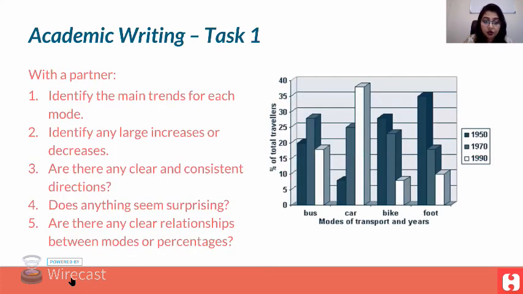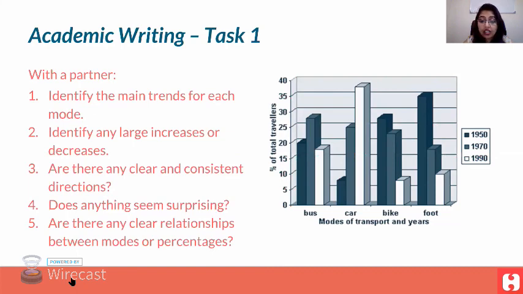Identify the main trends for each mode. What are the trends in every mode of transport? Did he use the bus more? How did he use the car? How relevant was walking, and how relevant was taking a bike? Identify any large increases or decreases. We can see a great rise in car usage, and very low usage in 1950.